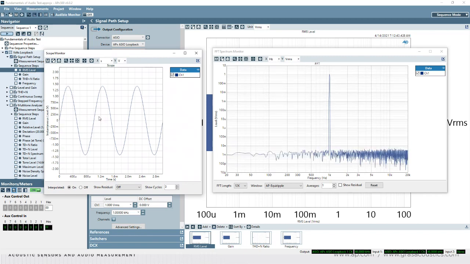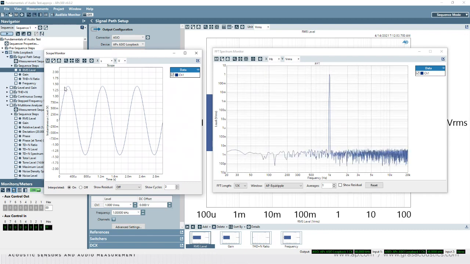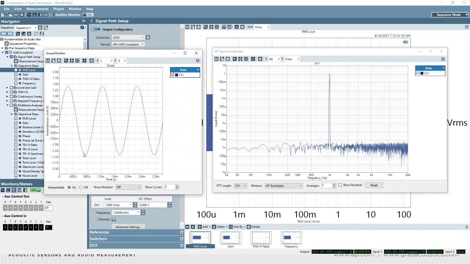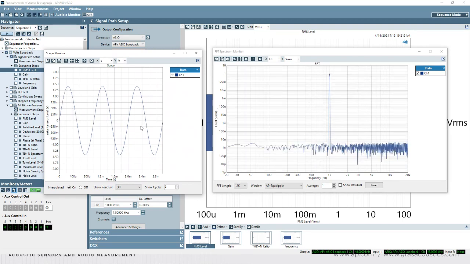And what you'll notice immediately is the peak value of this is actually going to be 1.41 volts. And I'll explain where that comes from in a second. But one thing to be clear is the peak value of this signal is 1.414 volts. The peak to peak value, which is from the maximum positive extent to the maximum negative extent, is of course just twice that amount. The RMS is, if you will, the area under the curve, okay?